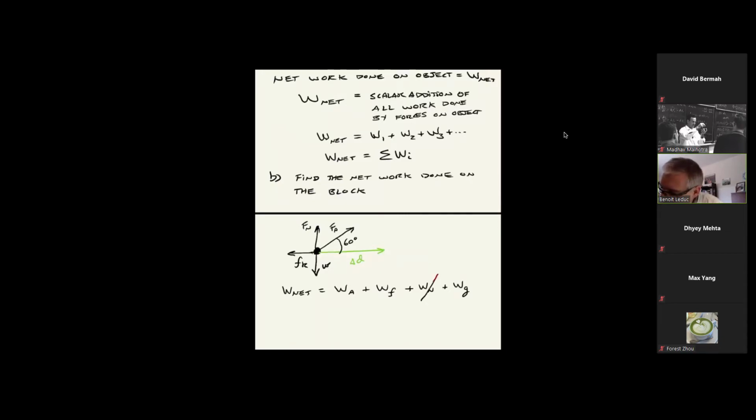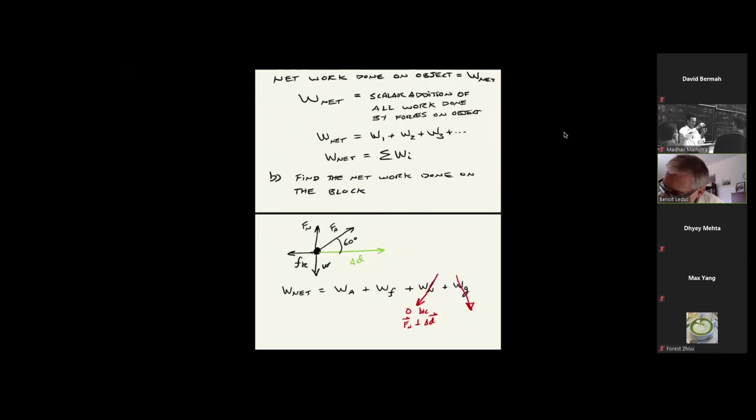All right. So this one is 0 because either Fn is perpendicular to delta D, or the point of application of the normal force doesn't move. In any case, here we'll just put Fn is perpendicular to delta D. Okay, and gravity also is 0.